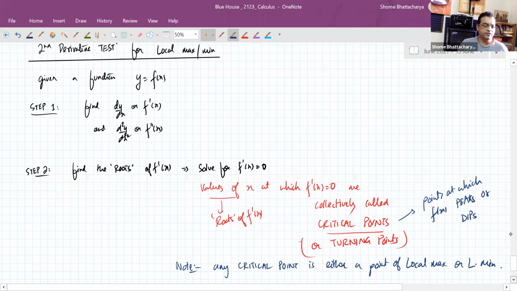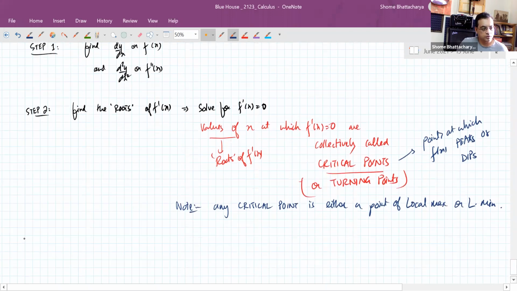Okay, so now our third and final step is check the value of second derivative at each of the critical points.